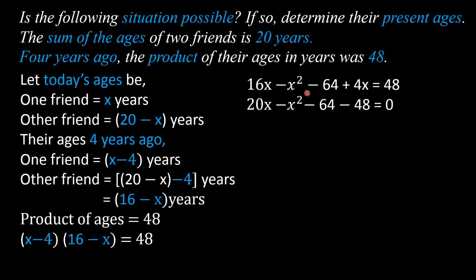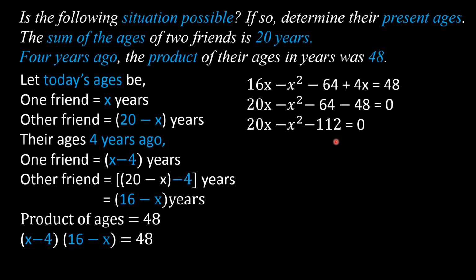Now 16x plus 4x will be 20x. We will take this 48 to the left hand side, it will become minus 48. Now it will be 20x minus x squared minus 64 minus 48 will be minus 112.